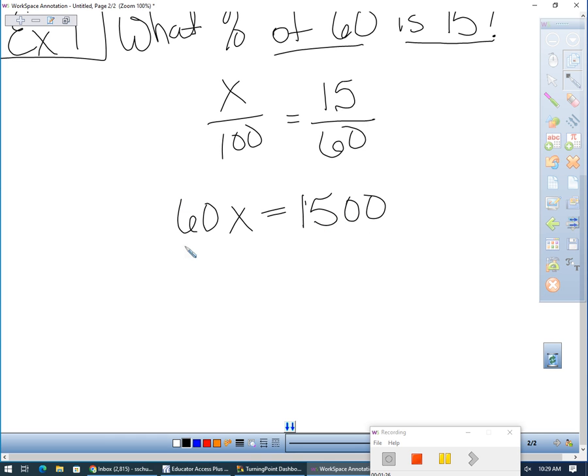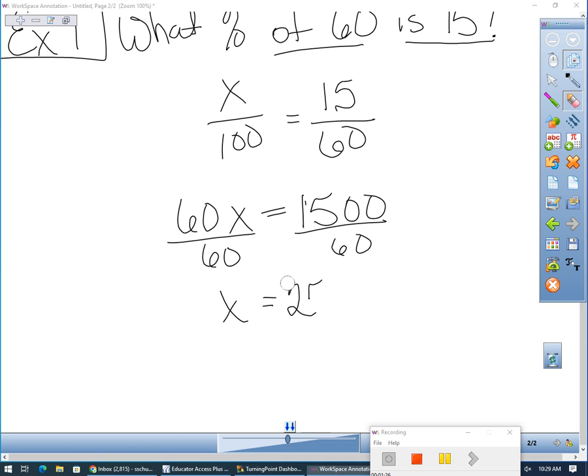And then we divide by the coefficient on x. And x equals? I don't have a calculator. Is it 25? Okay, thank you.